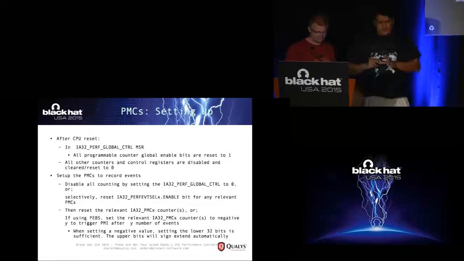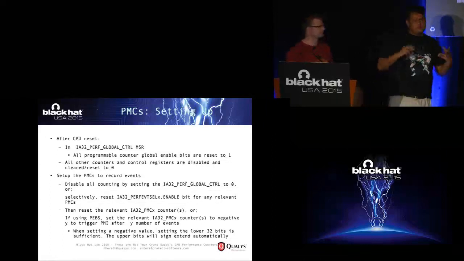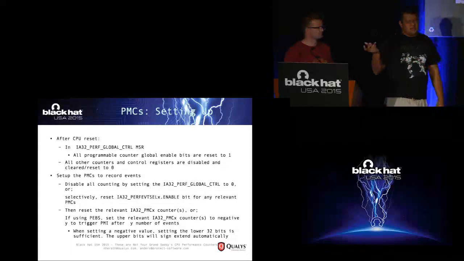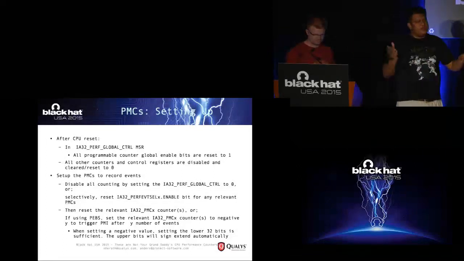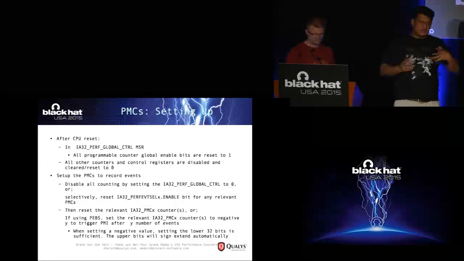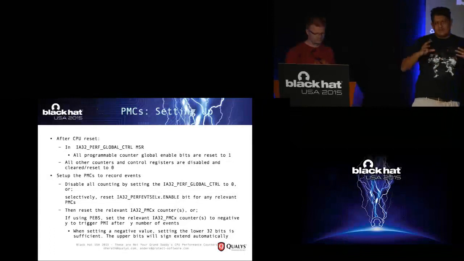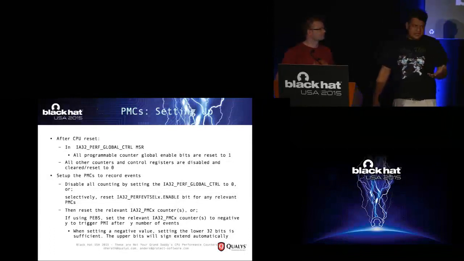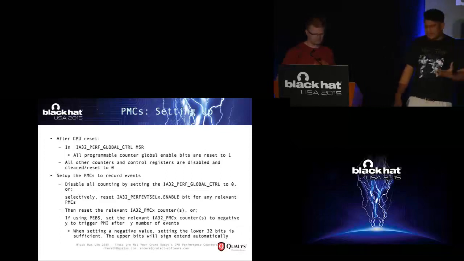And if you're using the method I was describing before, where the CPU is interrupted when a certain number of performance events have been generated, they call it PEBS, which is precision event-based sampling.